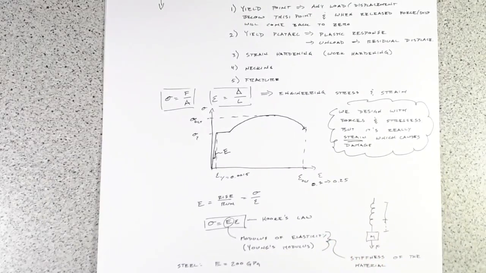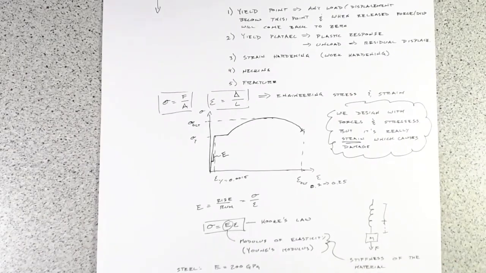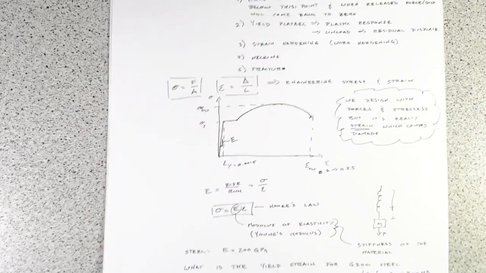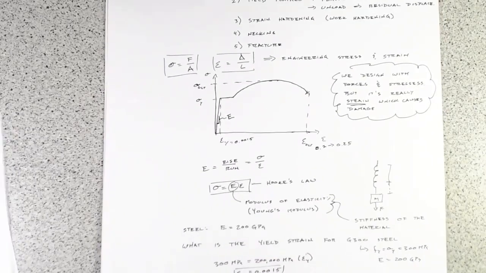So for that same bar of steel, in order to rupture it, you've got to increase its length by 20 millimeters, while just to yield it, you didn't have to pull it that far. It's a fair amount of force in order to do that, but it's not a lot of deformation. And that's why I say that the strains are really related to damage rather than forces.